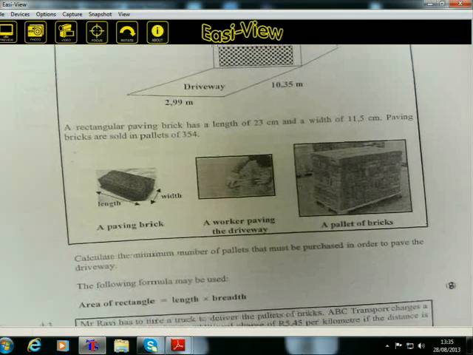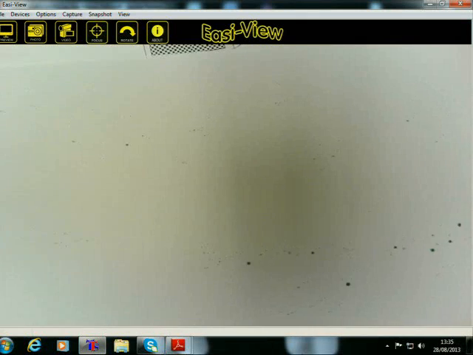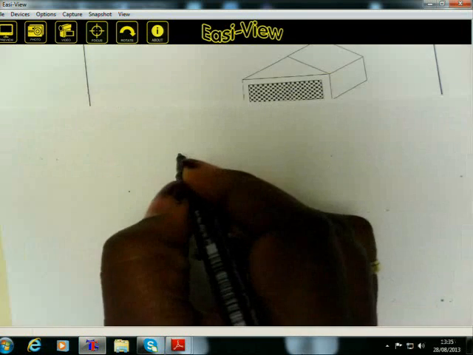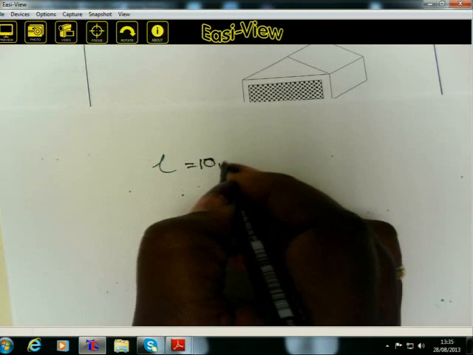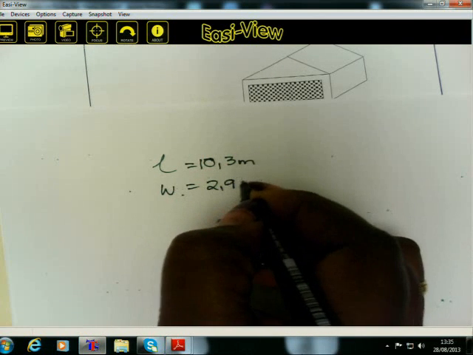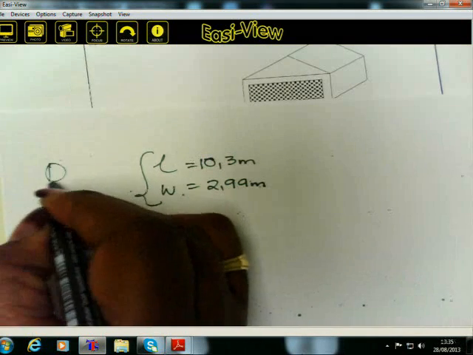Now, we have to calculate the minimum number of pallets. It's going to look like a longer type of question because we have a lot to calculate to get the number of pallets. But what is important is for you to note that for the driveway, the length is 10,35 meters and the width is 2,99 meters.